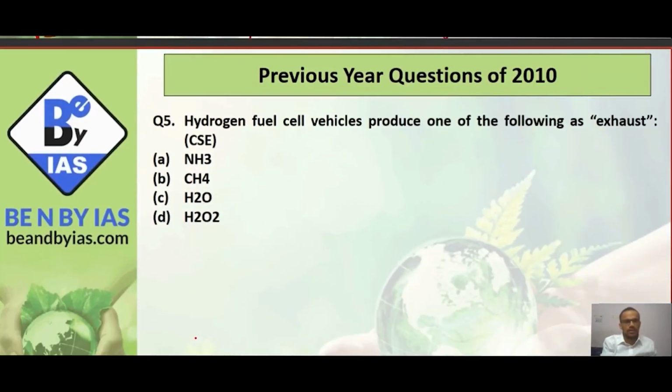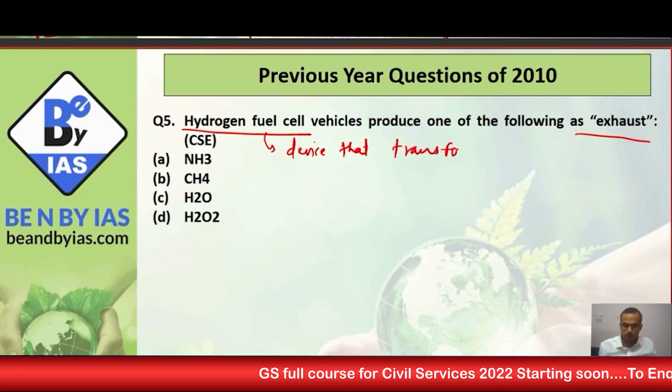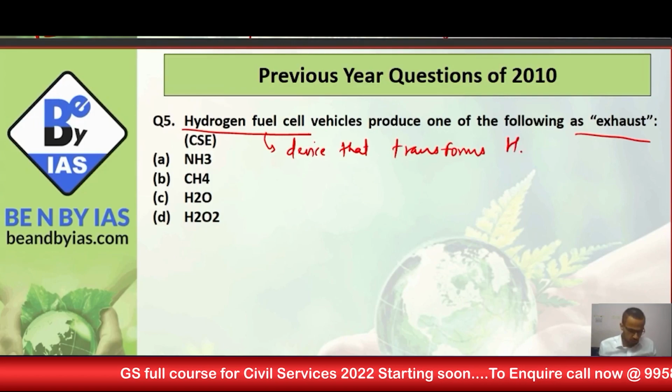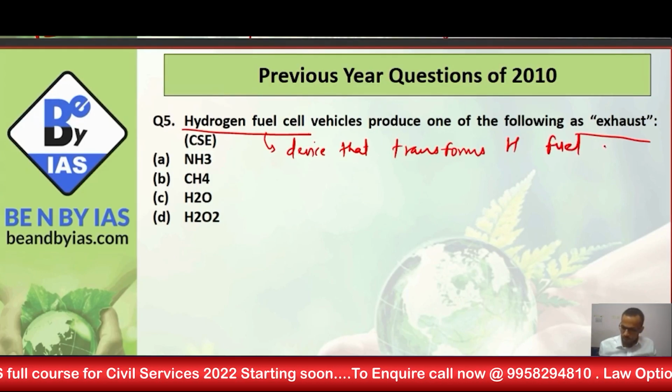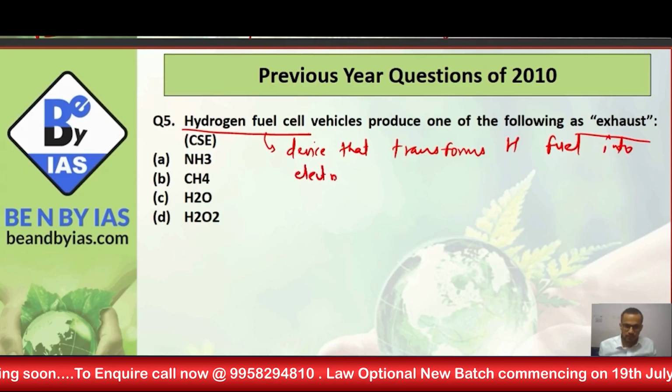Next is about hydrogen fuel cells. So what is the question? Let us read. Hydrogen fuel cell vehicles produce one of the following as exhaust. So hydrogen fuel cells are devices that transform hydrogen fuel into electricity.